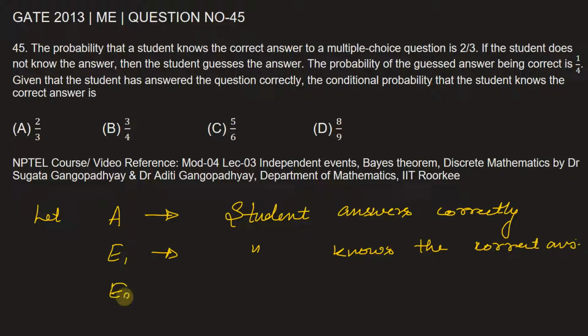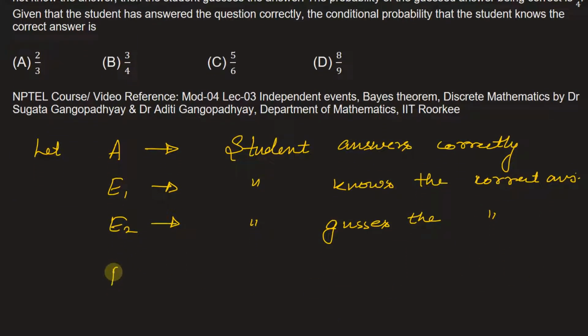Let E2 be the event that the student guesses the answer. Guesses the correct answer. Okay. So according to the problem, it's given P(E1) is equal to 2 by 3. Okay, it's given in the problem. Therefore, P(E2) will be 1 by 3.